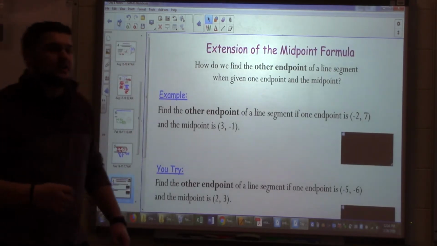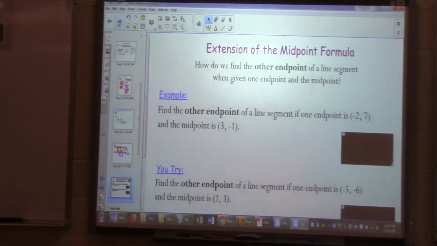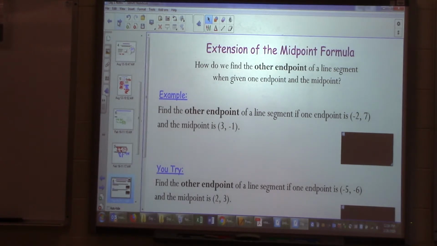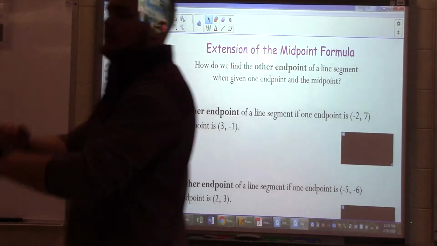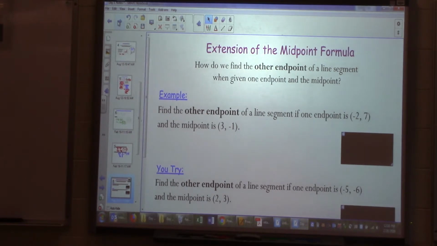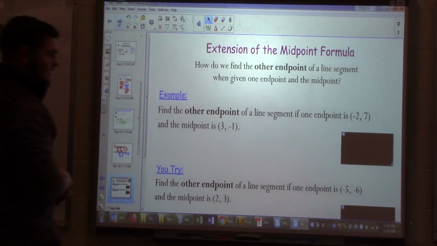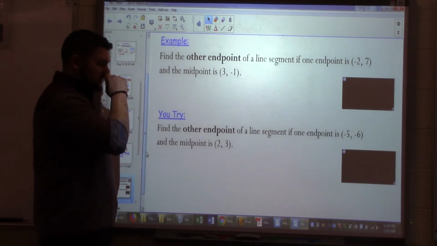The extension, the application of the midpoint formula, is to find an endpoint. So, if we're given one endpoint and the midpoint, we want to find that second endpoint. You guys did this last year, I think. Does anyone remember how to do it? Alright, let's think about it.